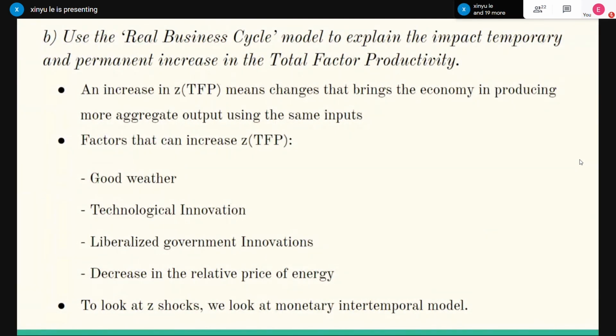Now my question: the current pandemic crisis we're having, can you see it as one of the factors that will decrease total factor productivity?